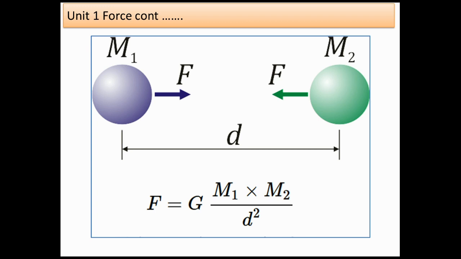If we are going to calculate the force of gravitation between these two objects, we need three things: first the mass of the blue object, second the mass of the green object, and third the distance between them from their centers. Then we can easily calculate the force of gravitation using the formula F is equal to capital G m1 into m2 by d square.